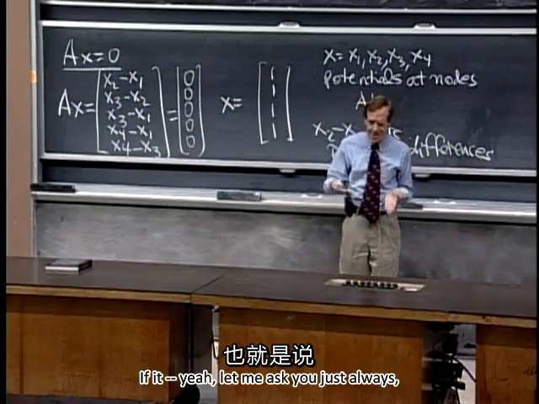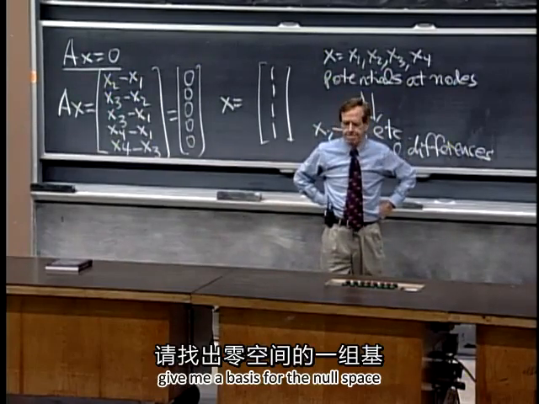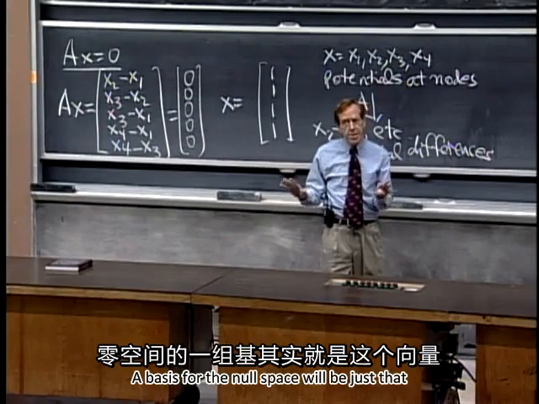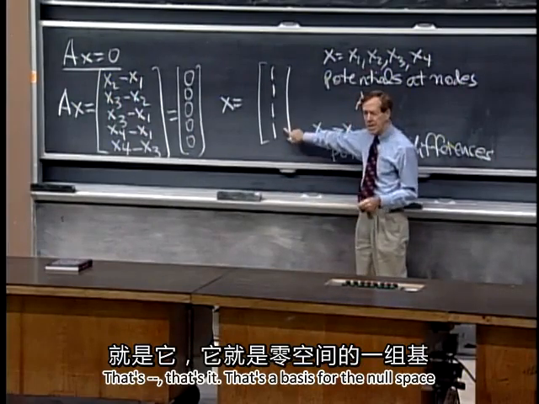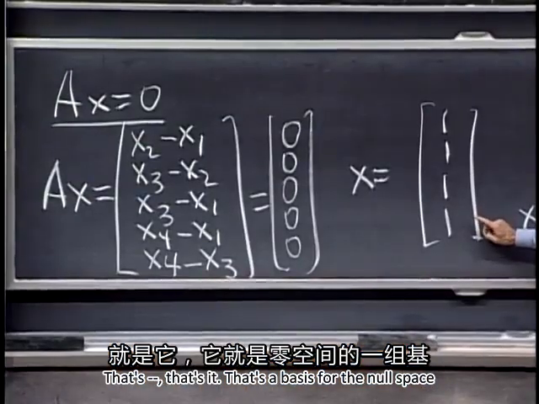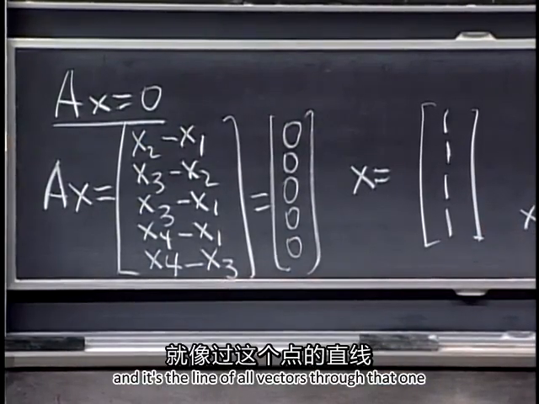Let me ask you just always, give me a basis for the null space. A basis for the null space will be just that. That's it. That's a basis for the null space. The null space is actually one-dimensional, and it's the line of all vectors through that one.